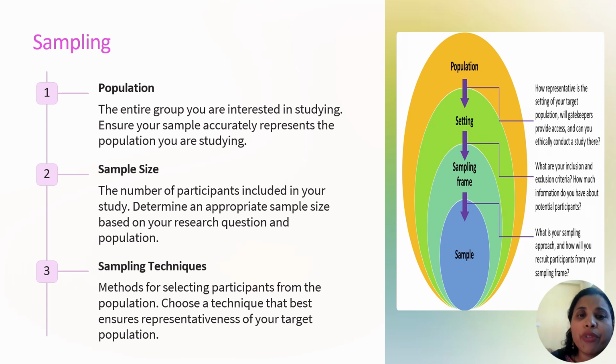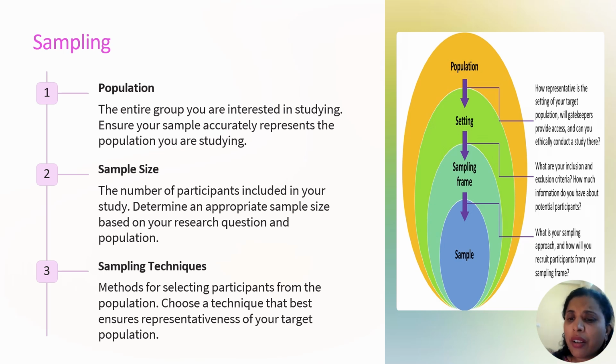Say you are restricting your study to some region, for example Karnataka. In Karnataka, you should know the total population, and from it, how many people are in hospitality and tourism. Say 1 lakh people work in hospitality and tourism in Karnataka; you have to use some formulas to come up with your sample size.